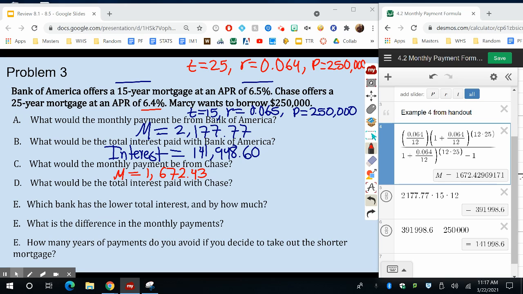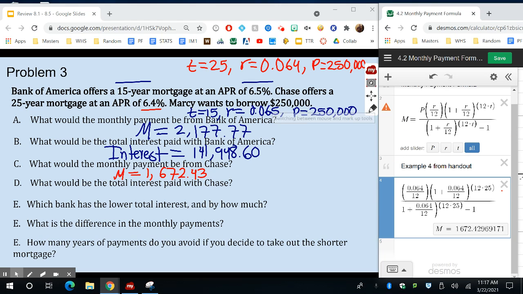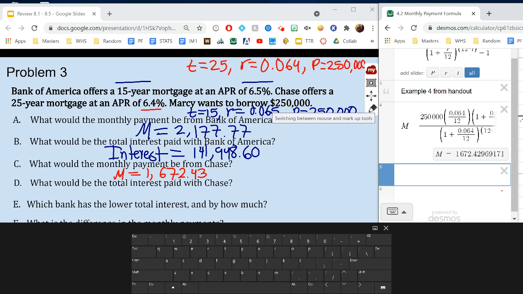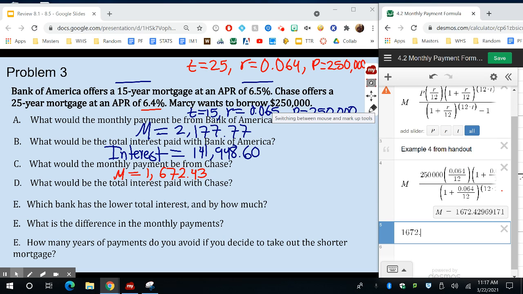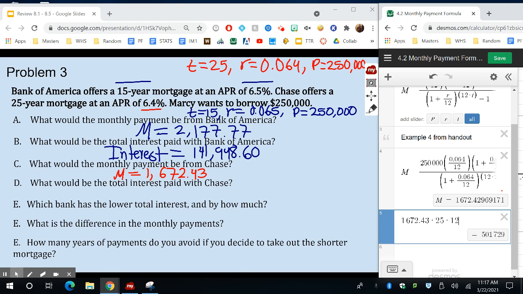Okay, now it says what would be the total interest paid with Chase. So we're gonna have to do the same thing that we did with the other one, where we're going to multiply the monthly payment, 1,672.43, by the number of years that they're going to have the loan, which is 25, and multiply by 12. That gives me $501,729.